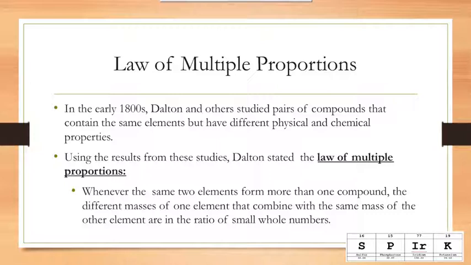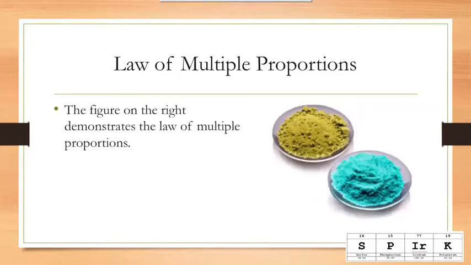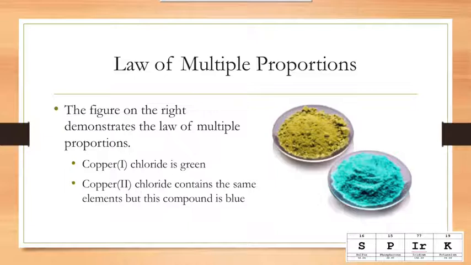They have completely different properties, but they're composed of carbon and oxygen, but just in different ratios or proportions. The figure on the right demonstrates the law of multiple proportions. Copper 1 chloride is green at the top there, and copper 2 chloride contains the same elements, but this compound is blue.